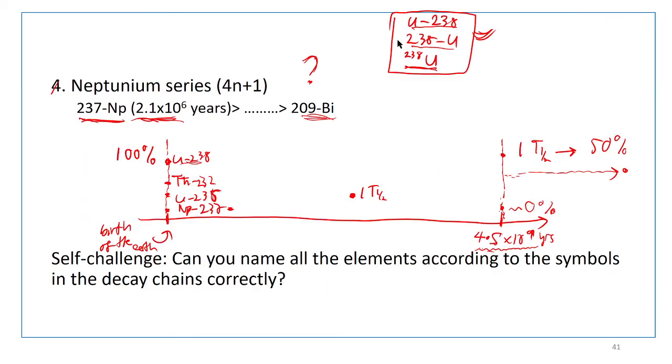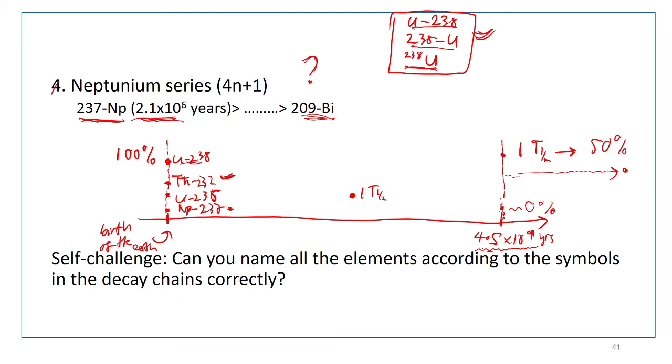And for thorium 232, we don't have to do the calculation, because it is still not yet reaching its first half-life at the present time.